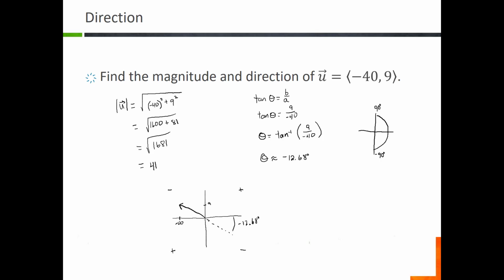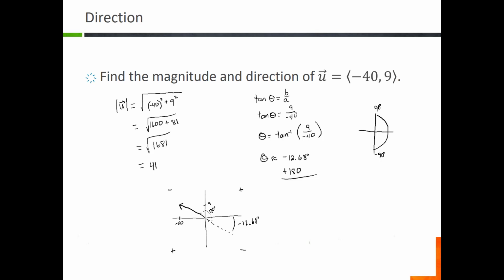The problem is my vector is in the second quadrant. So how do we go from the fourth quadrant all the way around to the second quadrant? And we want it to hopefully have a positive value. Well, again, since it's in opposite directions, we know this whole thing is 180 degrees. So if I take 180 degrees and add it to my inverse tangent answer, we will get the correct angle.